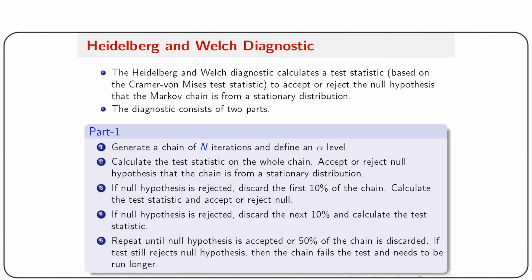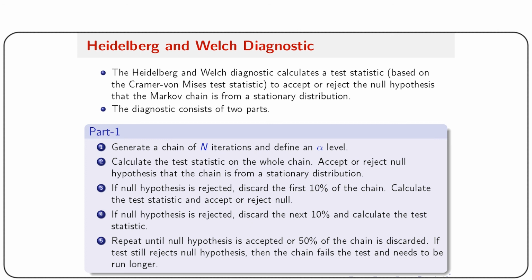The last diagnostic method that we are going to learn today is the Heidelberger-Welch diagnostic, the HW diagnostic. The HW diagnostic calculates a test statistic based on the Cramer-von Mises test statistic to accept or reject the null hypothesis that the Markov chain is from a stationary distribution.